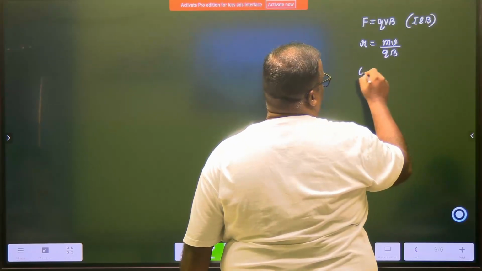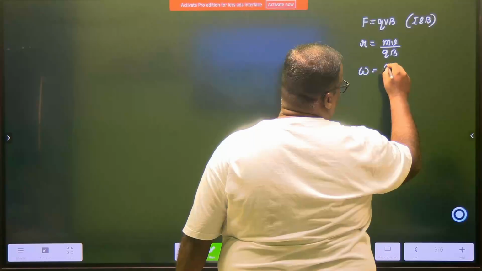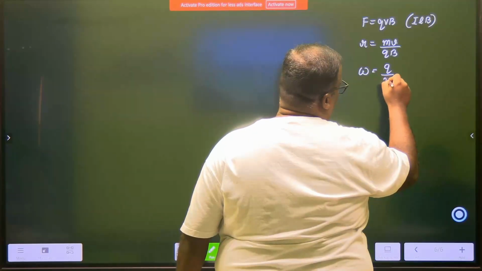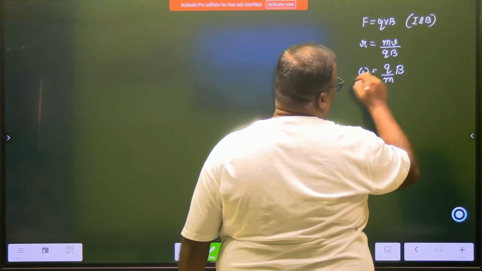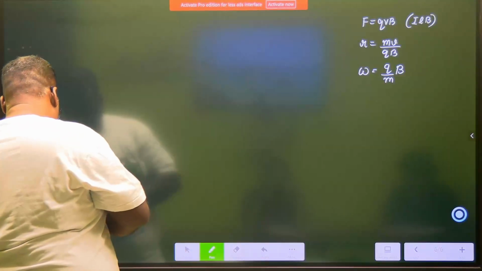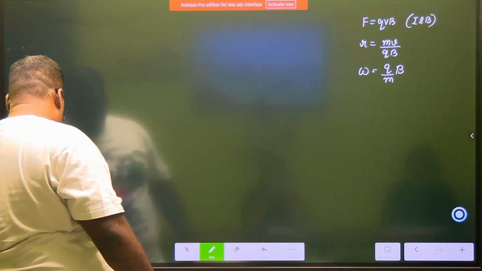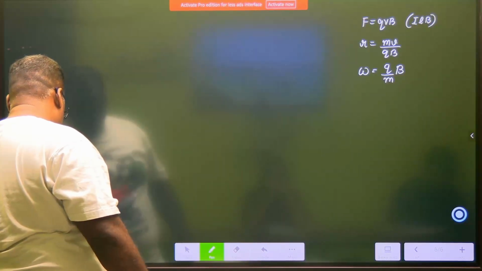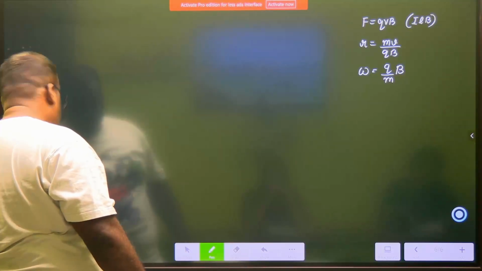Then we found out the angular velocity, where the q by m ratio should be in there. qB by m. Clear? So this was our angular velocity. Now since you have got angular velocity, that is omega, or the angular frequency, qB by m, right?